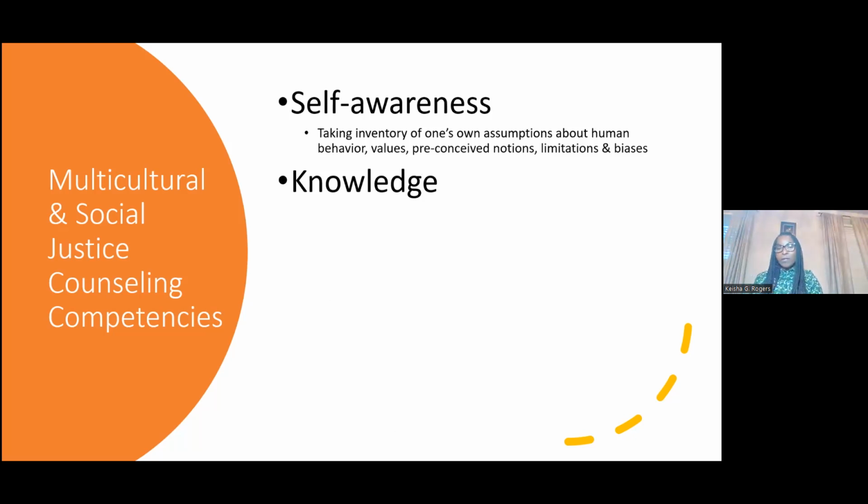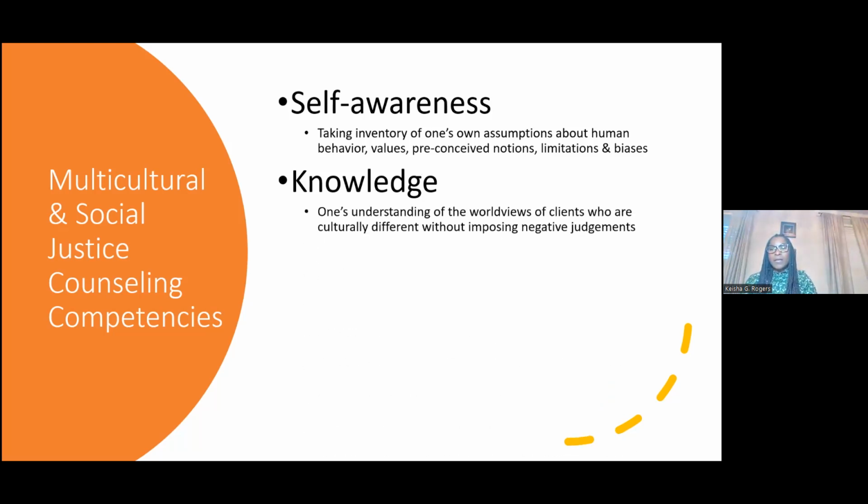Knowledge is understanding the worldviews of clients who are culturally different without imposing negative judgments or blaming or invalidating the other person's experience. When people tell you, I can't do this because of that, it's easy to think, is that an excuse? And it's not, right?